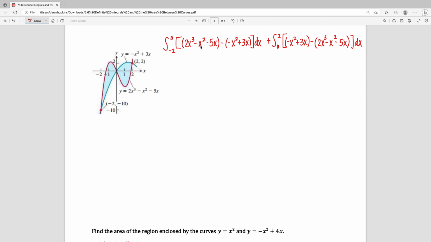So cleaning things up a little bit, for the first integral, I'm going to end up with 2x cubed. I have a -x squared minus -x squared, so that's -x squared plus x squared, that cancels. Then -5x minus 3x, so that's going to give me a -8x.